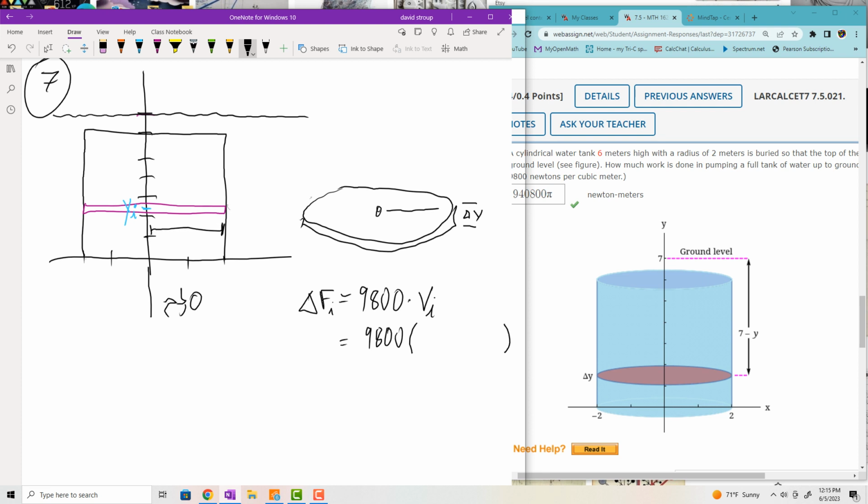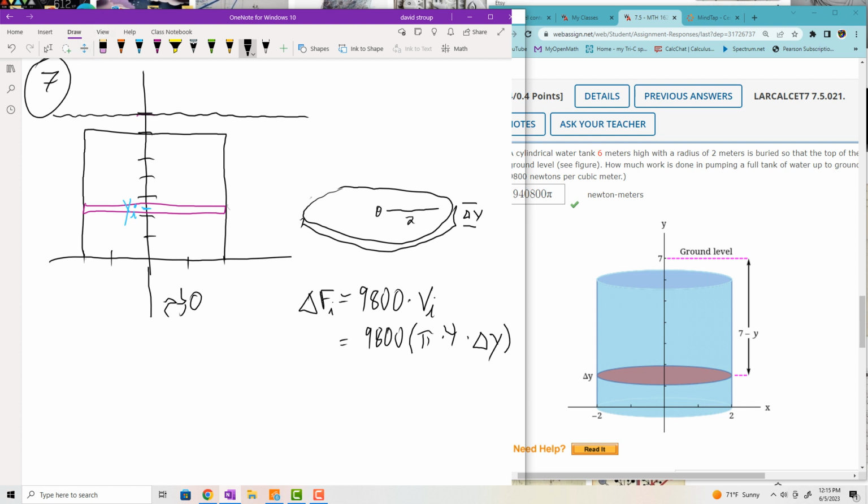It's the distance from the axis to the side of the container. And that's constant throughout the whole cylinder. So in that case, the radius is just going to be 2. So the volume of that one little disk is pi r squared h. So pi, the radius is 2, so it'll be 4, and then times the height, which is change in y.